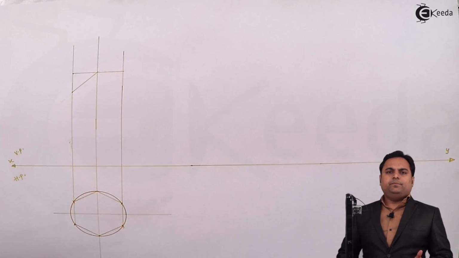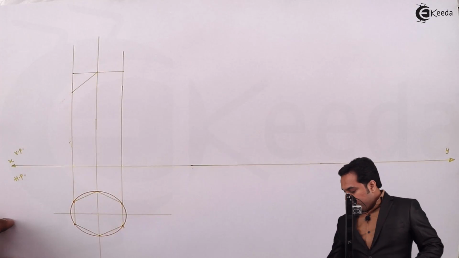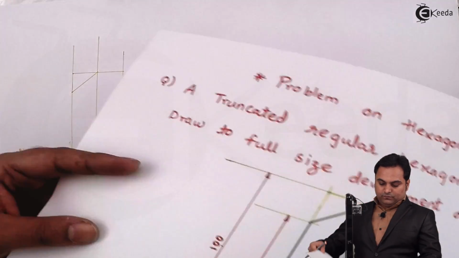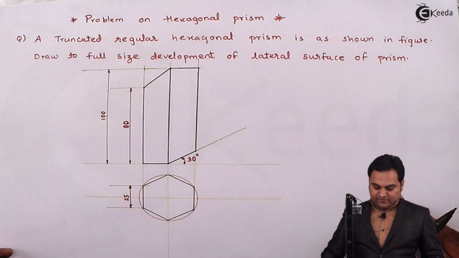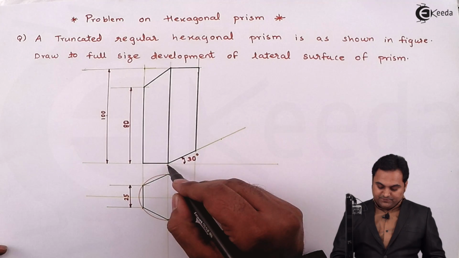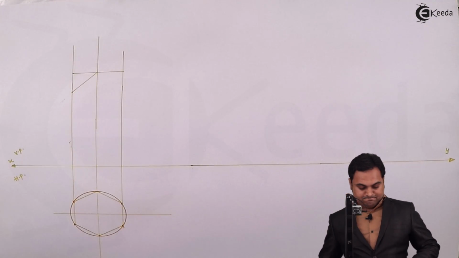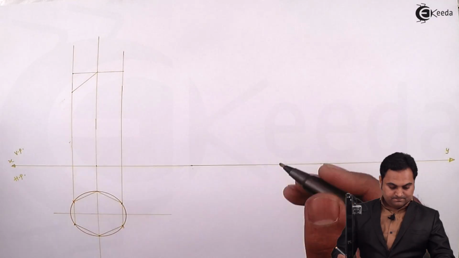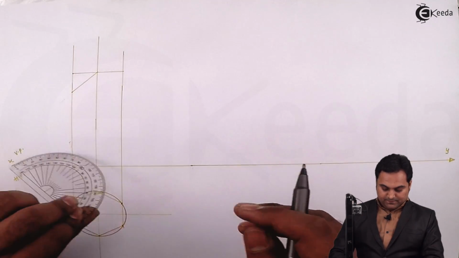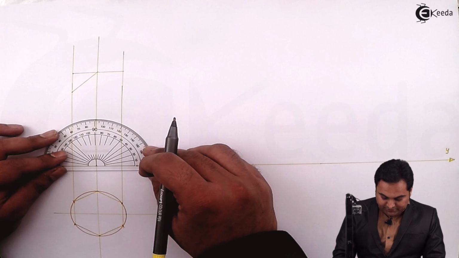Then this hexagonal prism is cut at the bottom as well, and for that here the inclination is given as 30°. So it is measured from this center. So for that purpose I'll measure the angle as 30° from here.